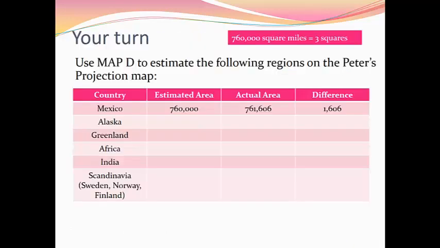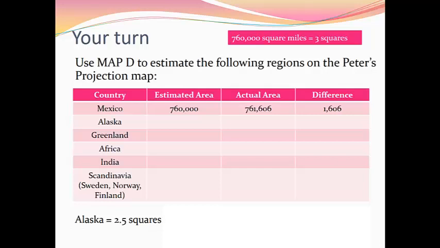So you're going to use map D, the gridded Peters projection map, to estimate those same regions. This time it's going to be the exact same process except using our new conversion, which is that 760,000 square miles represents 3 squares. So for example, on Alaska, on the Peters projection map, I estimate that Alaska is about 2.5 squares.